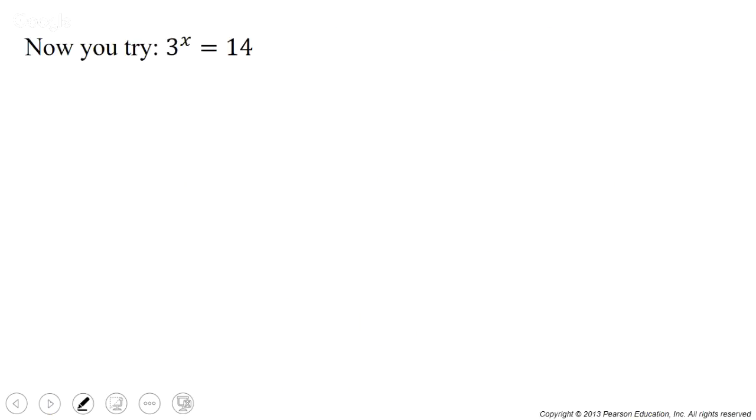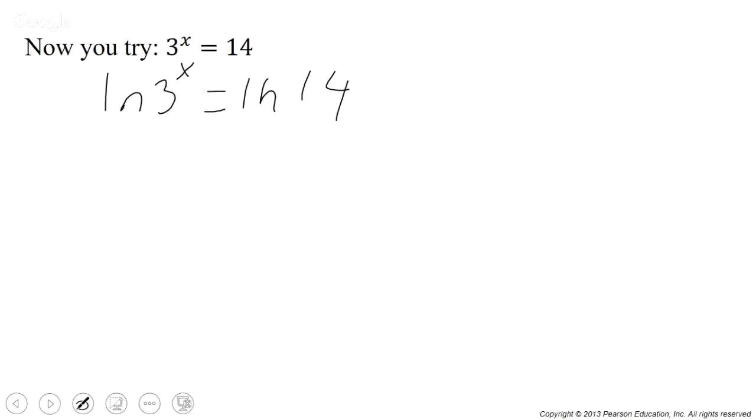Now I want you to try this one on your own. I'll work it out and I'll pause for you to work it. There's no way to make 14 with a base 3, so I'm going to ln both sides. So I have ln of 3 to the x equals ln of 14.